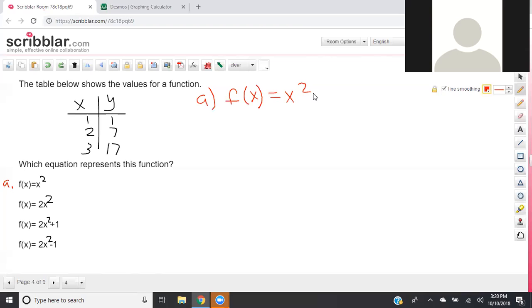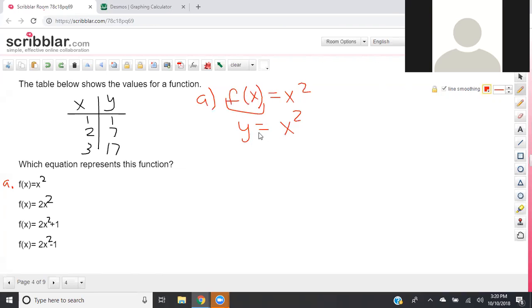We don't know if it's right, but we're going to look at it. And again, you may not be super familiar with this f of x notation. It's a fancy way of saying y. F of x is basically the same thing as the letter y all the time. That's just a common thing.